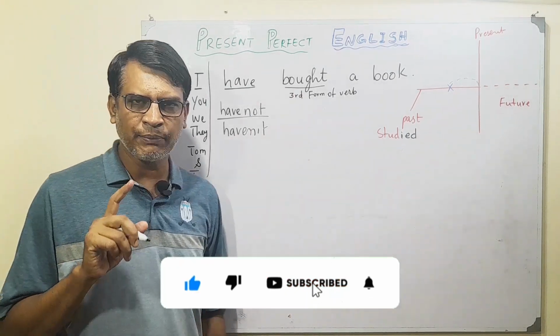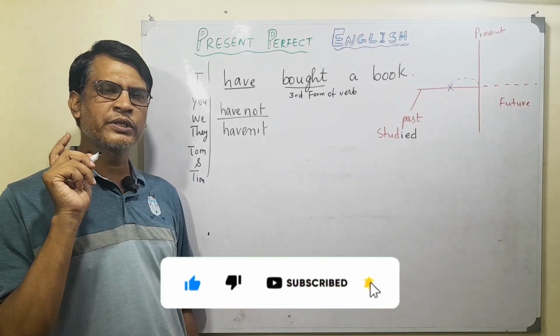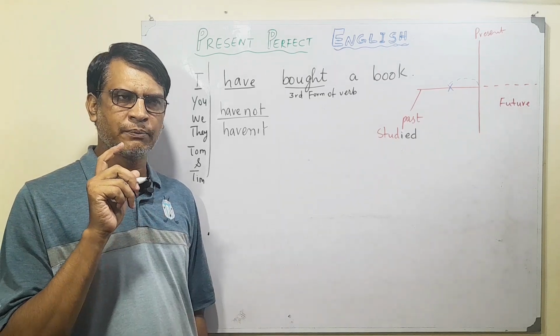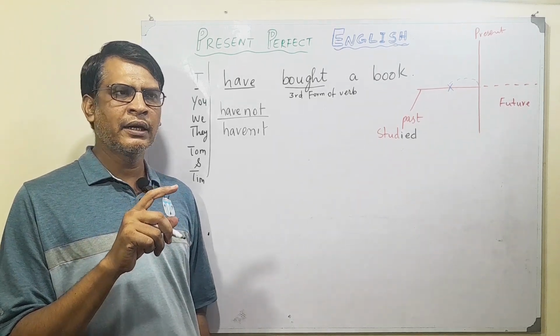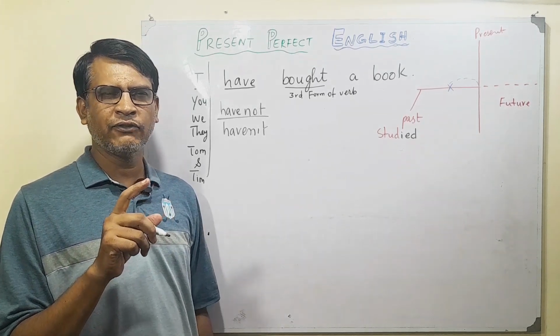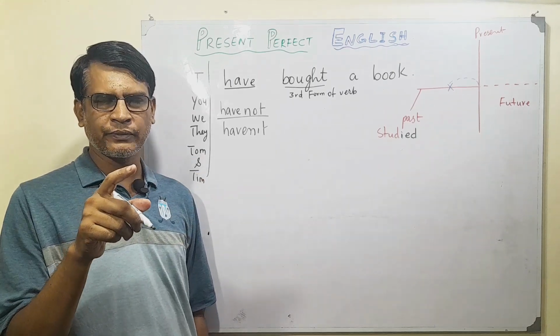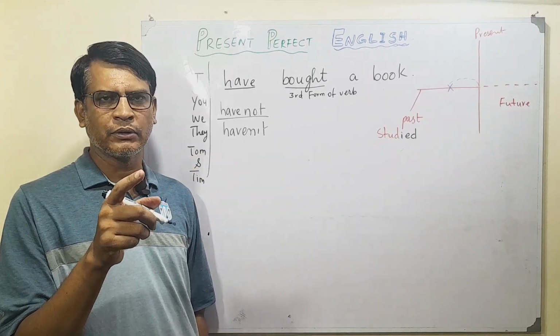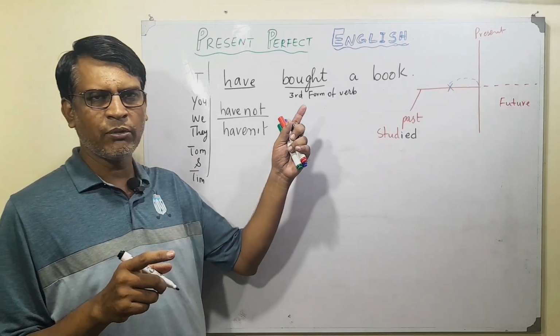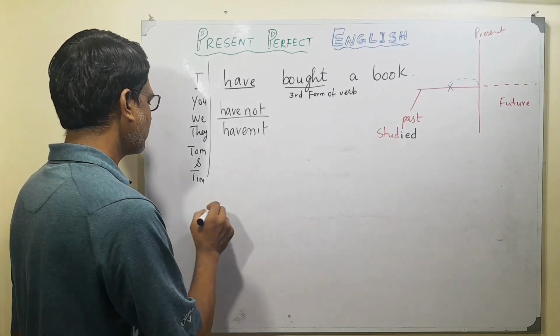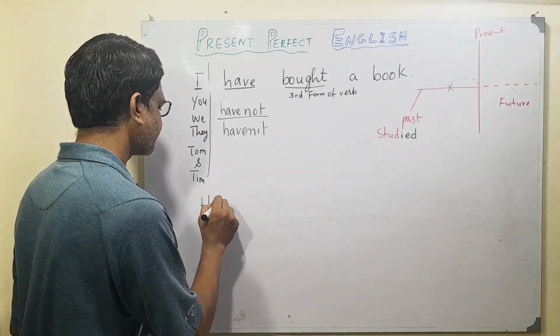In this case, the form of verb won't change. Like if you remember in the past, we said that if you are using second form in the positive sentence, like I bought a book, the negative will be I did not buy a book. And the question will be, did I buy a book? But here in this case, the form of verb won't change. And for the question, we'll take out have.